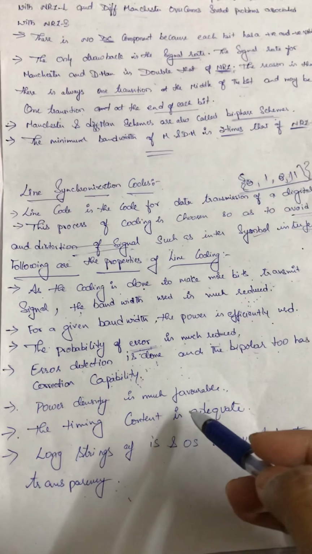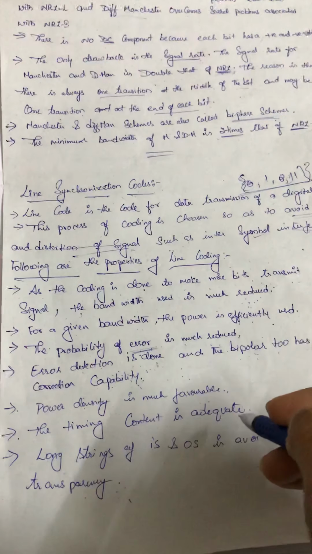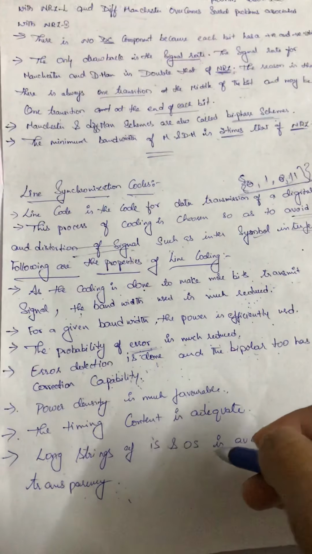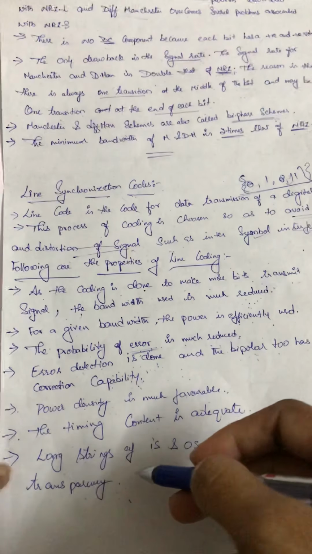Power density is much favorable here. The timing content is also adequate, and long strings of ones and zeros are avoided due to maintenance of transparency.